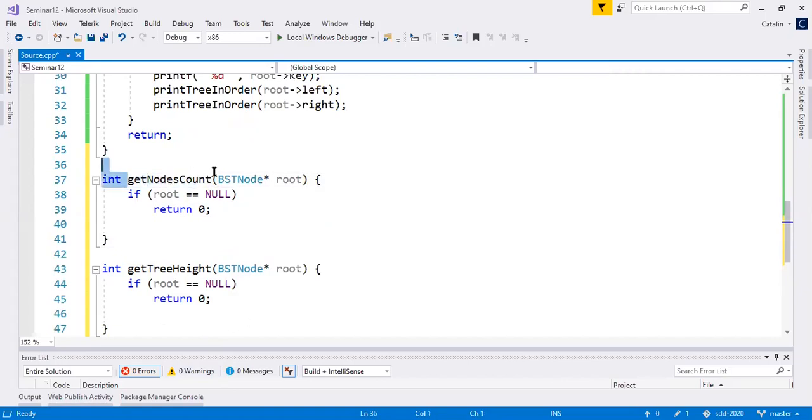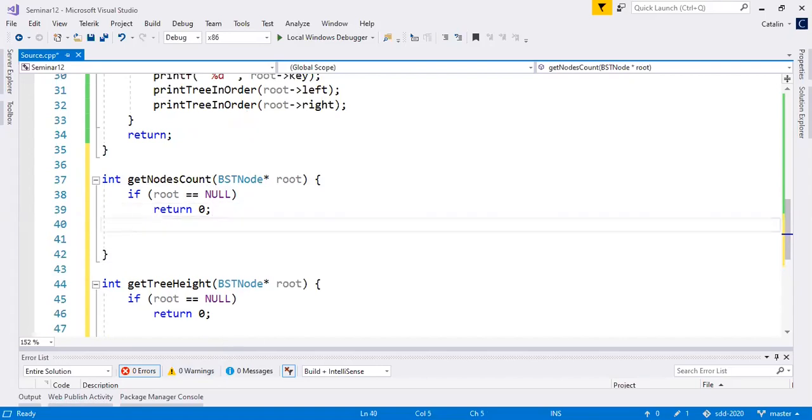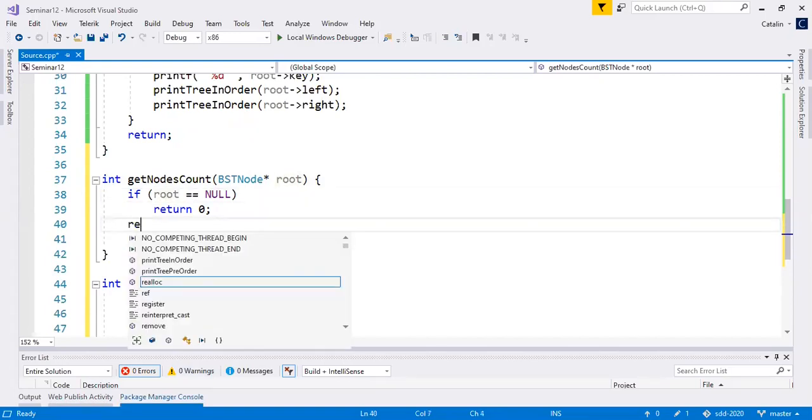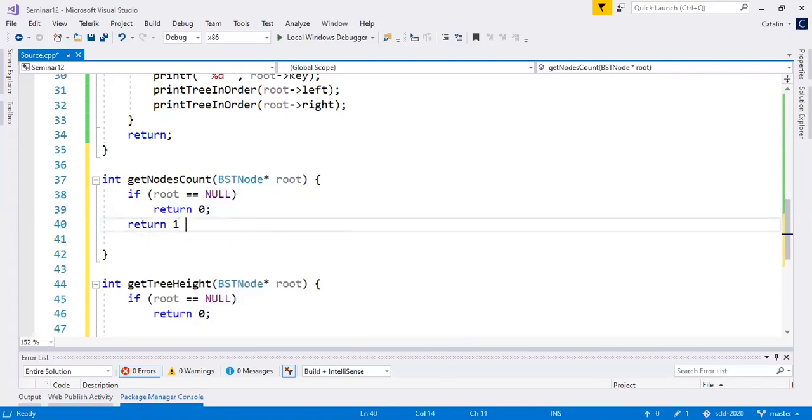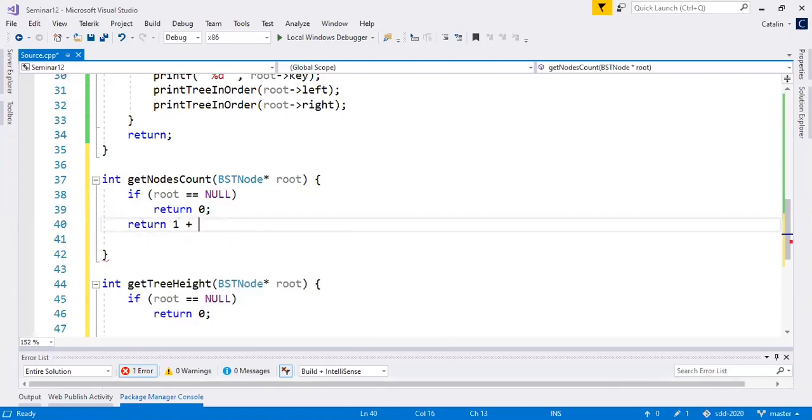So get nodes count. If we reach a dead end, there is no node there, but else it means we are on a node. Okay, root is not null. So my answer here will be return 1 plus, so this is me, the 1, plus the number of nodes that I have on my left side and the number of nodes that I have on my right side.